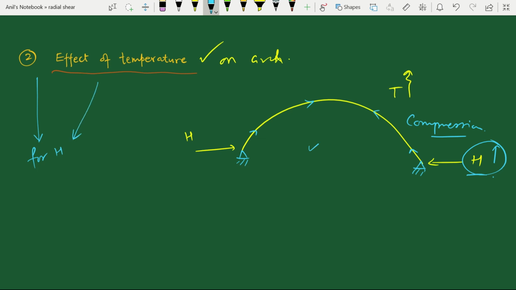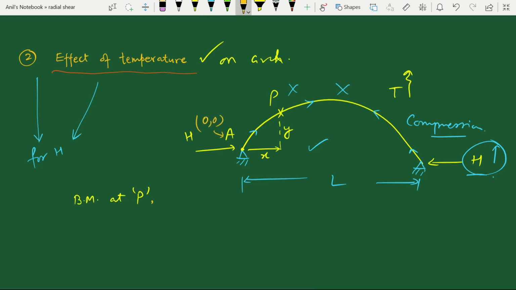So consider this arch of span L, and let us say there is no loading on it. Bending moment at any point, say P, we take any point P somewhere, at a distance of x and height y from A, where point A is taken as origin.